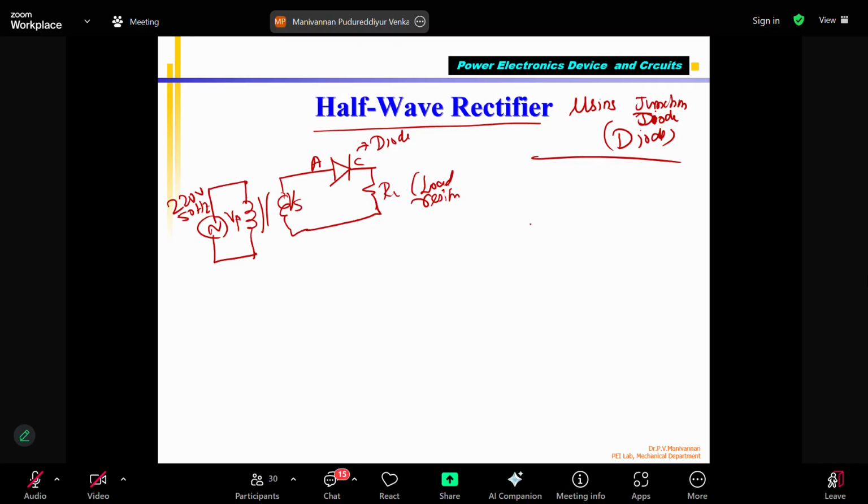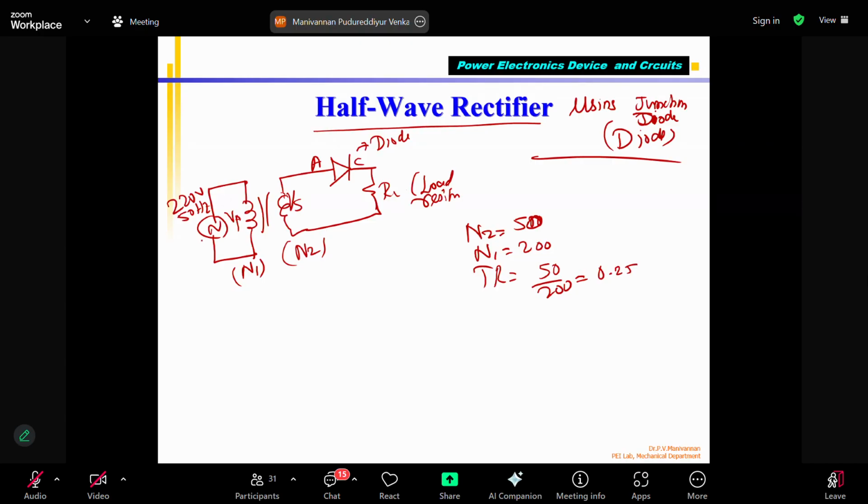For example, this is N2, the secondary number of turns, and this is N1, and I say N2 equals 50 and N1, the primary coil, equals 200. Okay, what is my TR? TR is 50 divided by 200, which is 0.25.